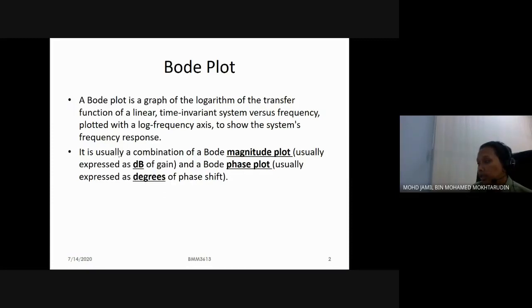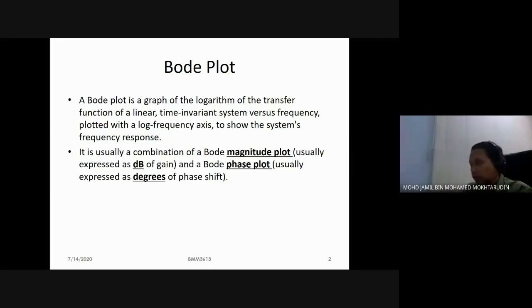It is usually combined with the Bode magnitude plot, which is expressed in decibel. This also uses log. Later we'll see an example of what a decibel is, and also the Bode phase plot. This is the angle or phase of the transfer function.